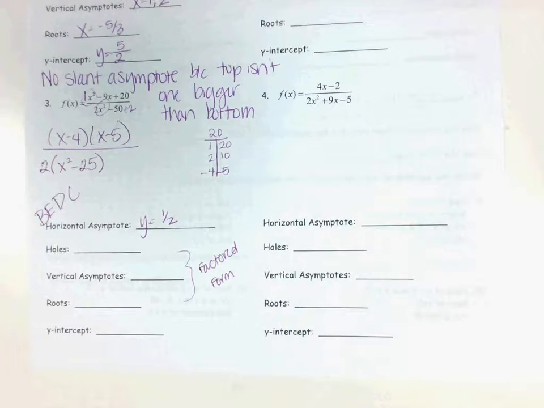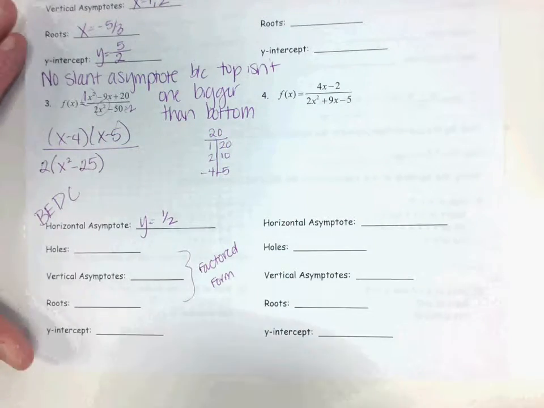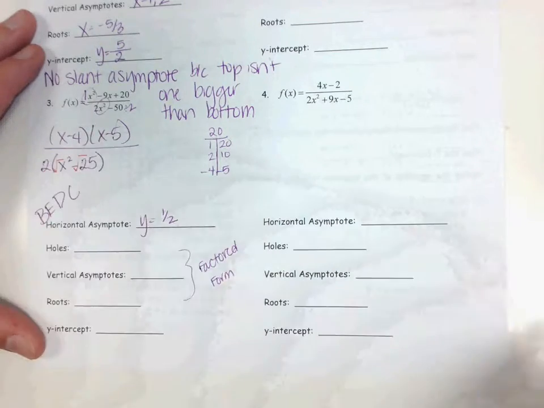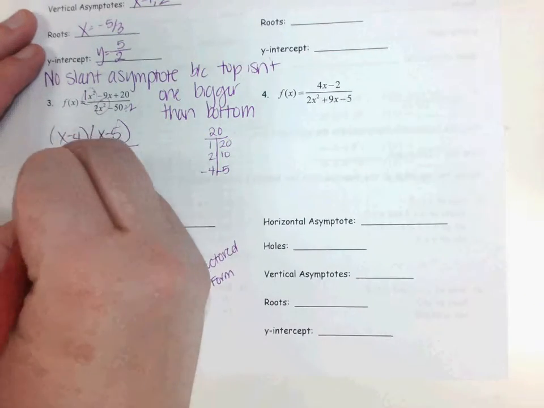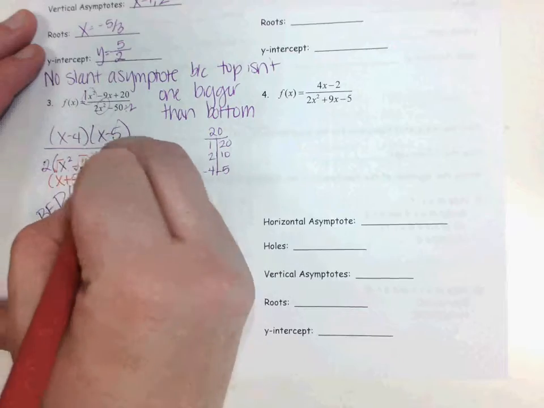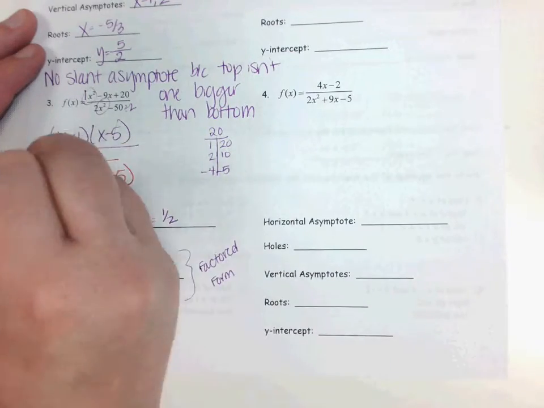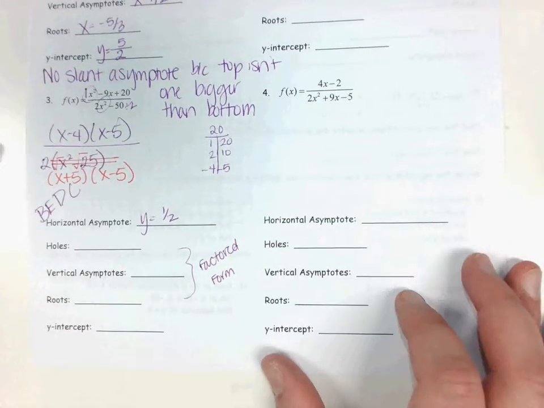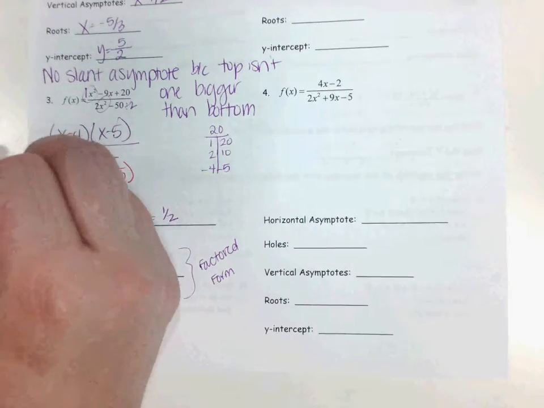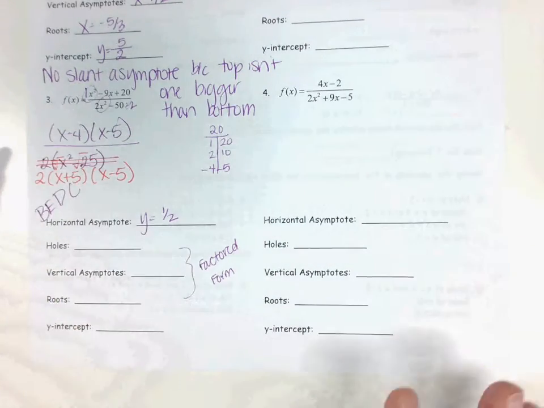And then from there, I notice that can break down one more step. Those are both perfect squares. So when I break it down, I'll do it in red right underneath, square root, it's going to be an x plus 5 and an x minus 5. So I'm going to cross out the old version and I'm going to put the new version in instead.